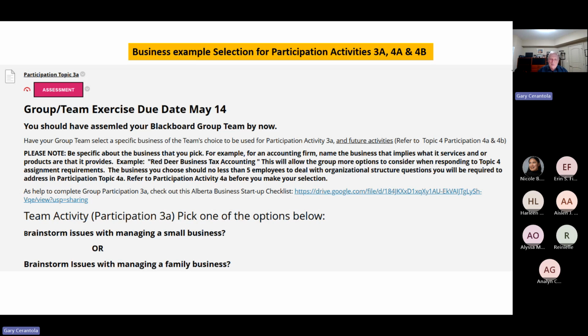So the first group team assignment is this: understand that it's going to impact your team in activities 3A, 4A and 4B. What I'm asking you to do is just pick an example of a business. The more specific you can make that example, the better off you're going to be.